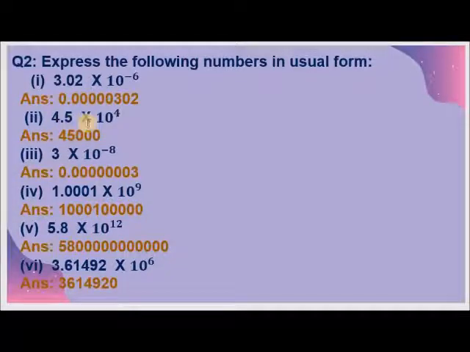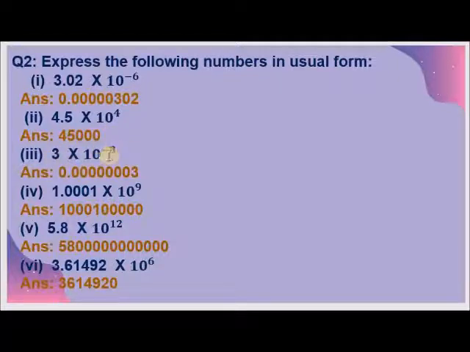And how many digits? 4 digits, as our exponent is 4. So one digit is 5 and we have to write other 3 zeros. Fine. So our answer is 45000. Now next part is 3 into 10 raised to the power minus 8.